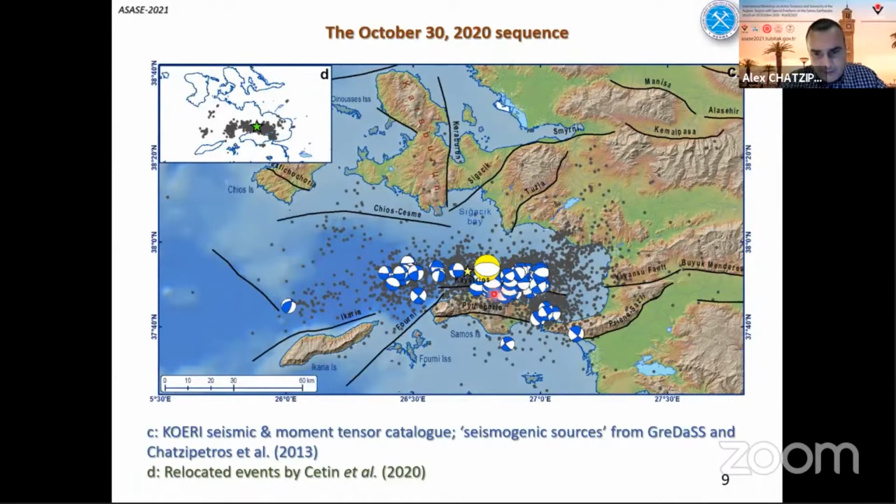The focal mechanisms, especially from the main shock and most of the aftershocks, are in agreement with an almost east-west fault. However, there are some other mechanisms that are consistent with strike slip faulting of different orientation.